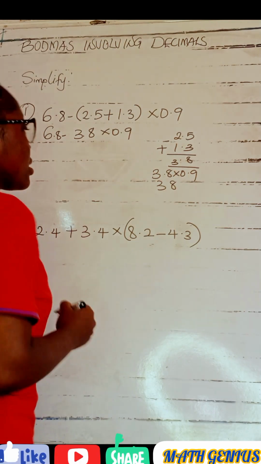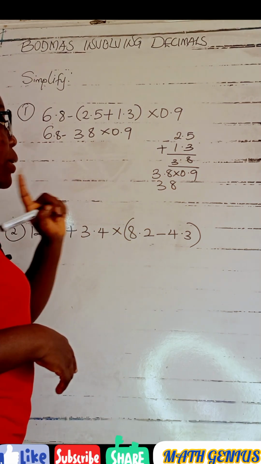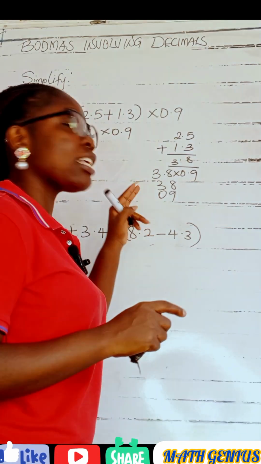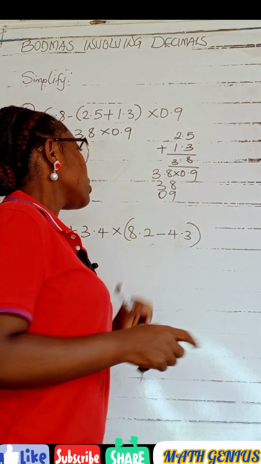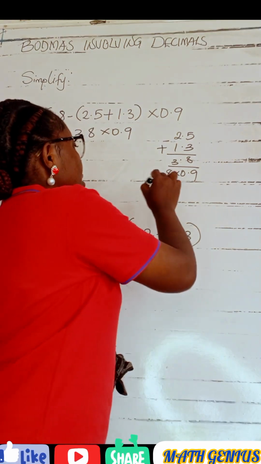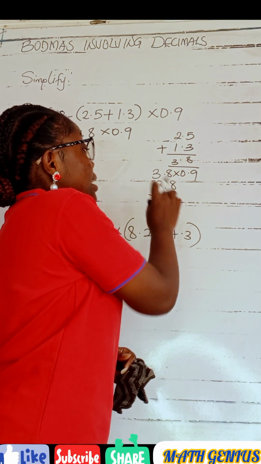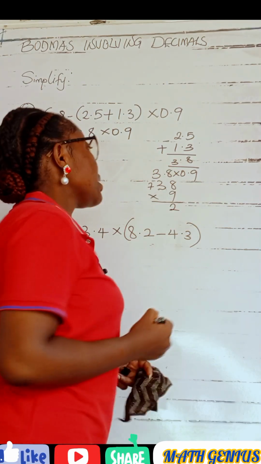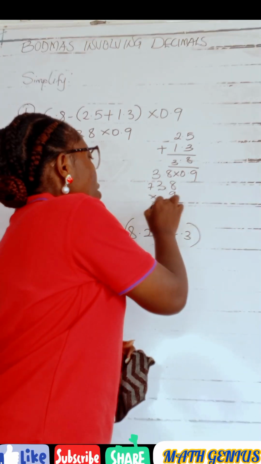You are going to multiply it by 0.9, which is also a decimal number with one decimal place, so we have 9. We are going to multiply it just the way it is. So 38 times 9: 9 times 8, 72; 9 times 3, 27, plus 7, that's 34.